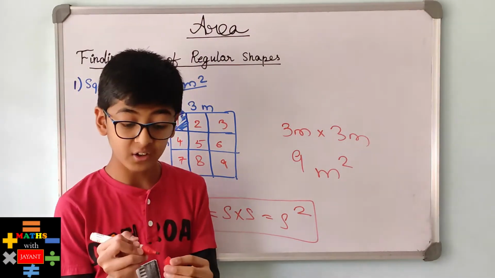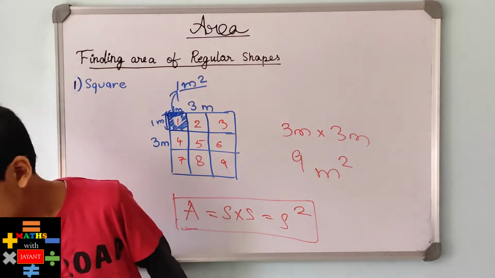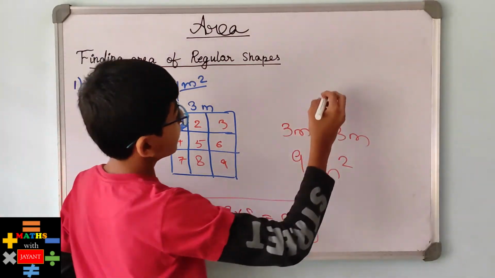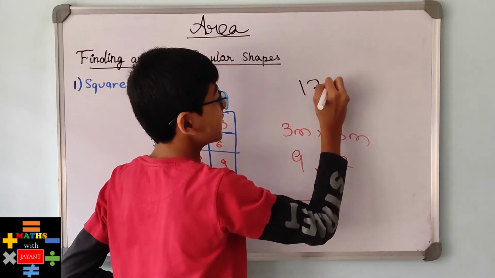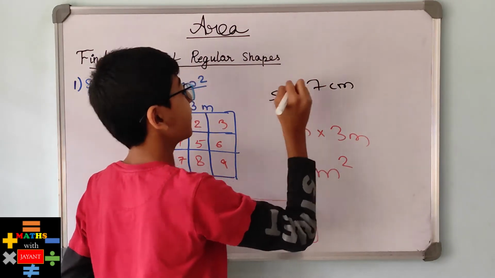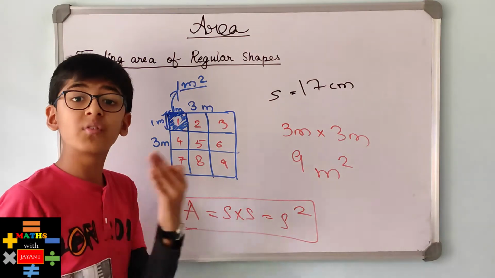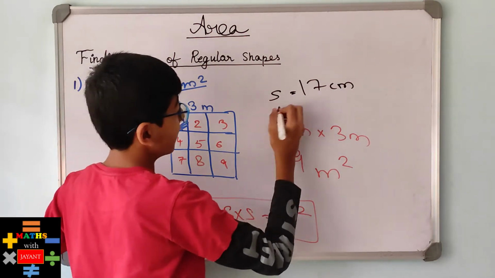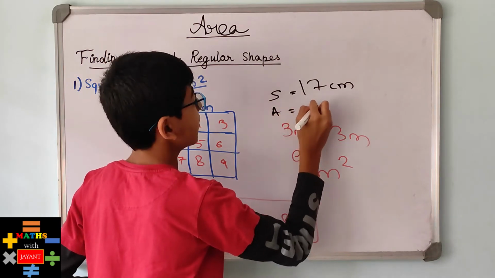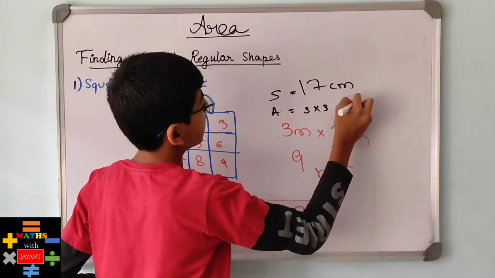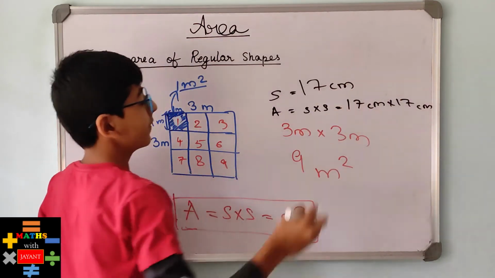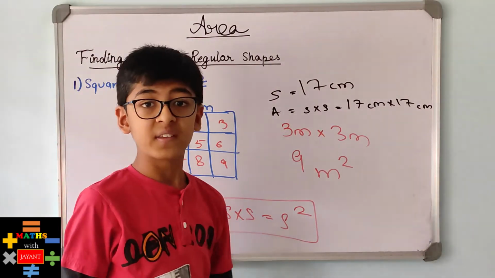Now, let us take another small example. Suppose the side of a square is 17 centimeter. What will its area be? We just saw the area is side into side. So we can do 17 centimeter into 17 centimeter, and then we can find the area.